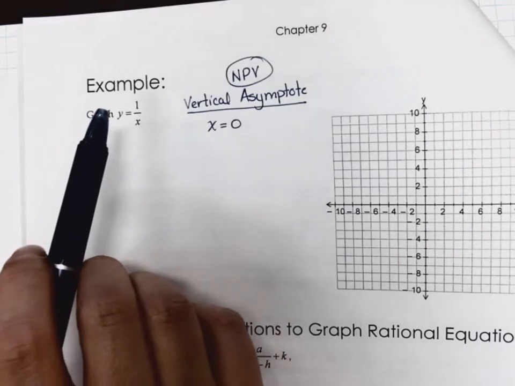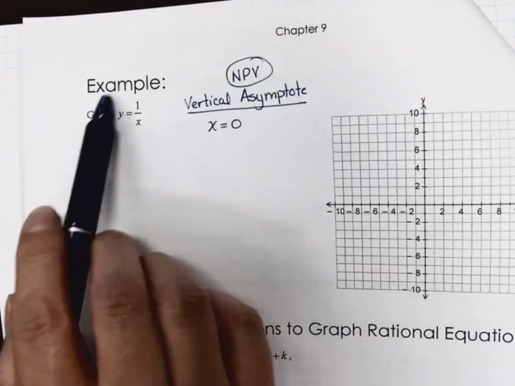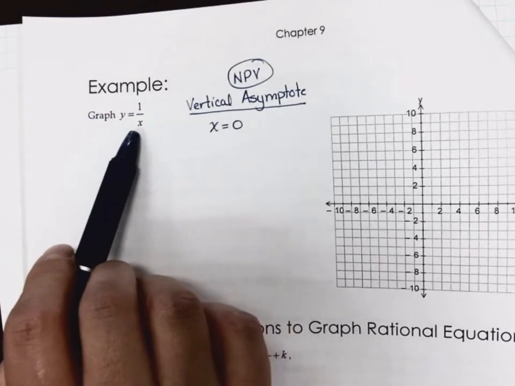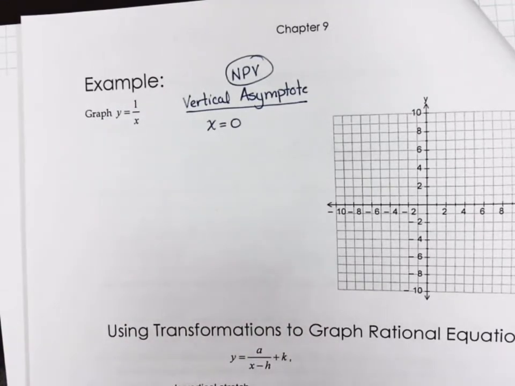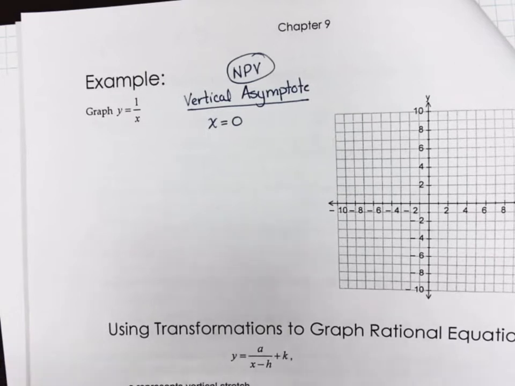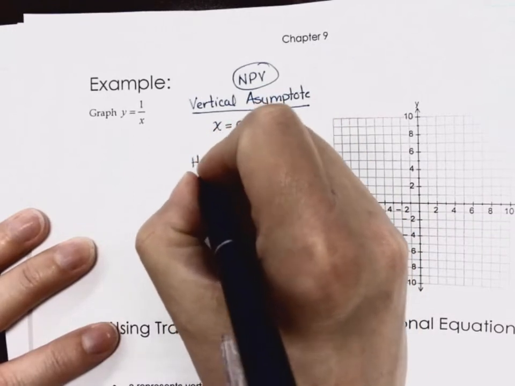We did these in trig graphs too. If we put a 0 in for x, how would you graph 1 over 0? You can't, right? So that is a vertical asymptote. To find your vertical asymptotes, you set your denominators equal to 0 and solve. This one's nice just because there's no solving involved. Okay, let's go to your horizontal asymptotes.